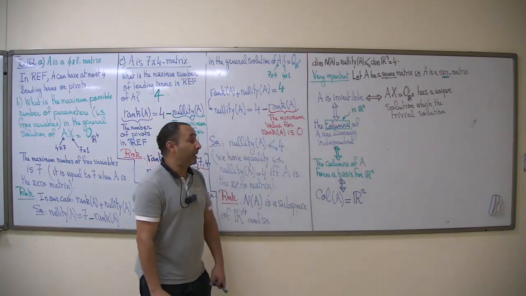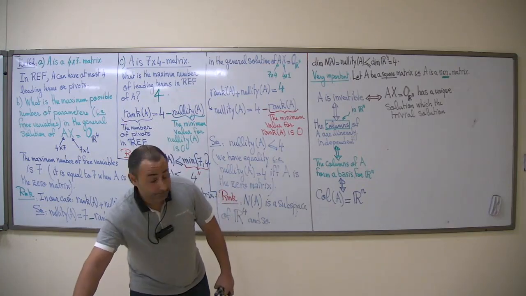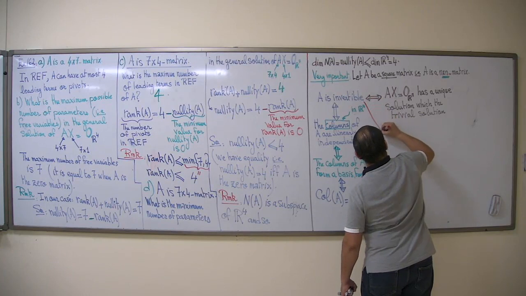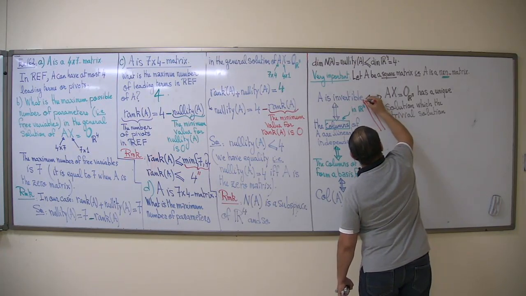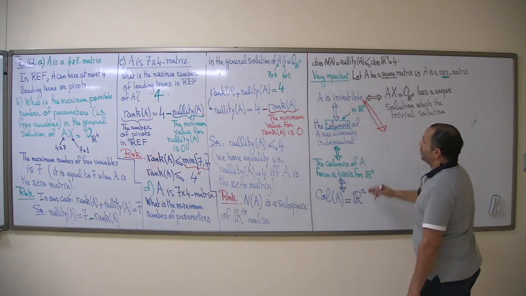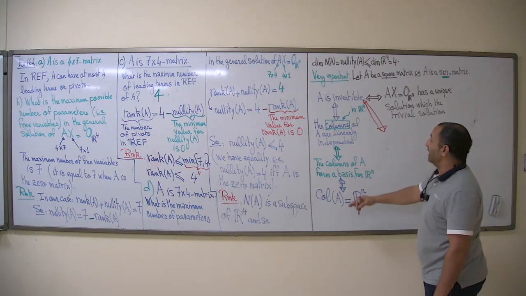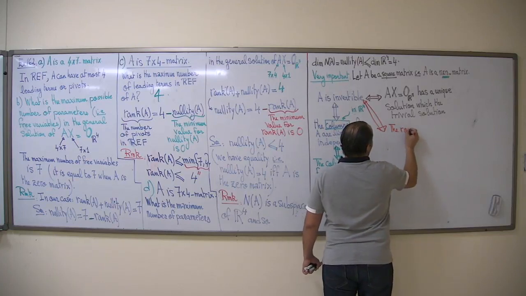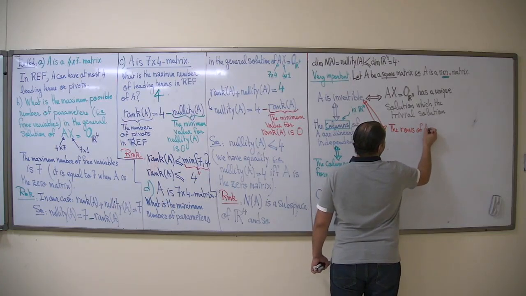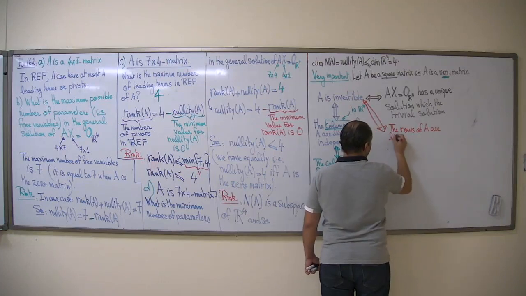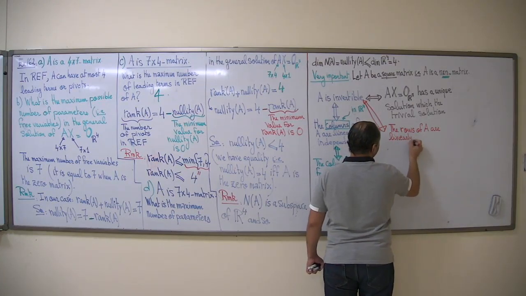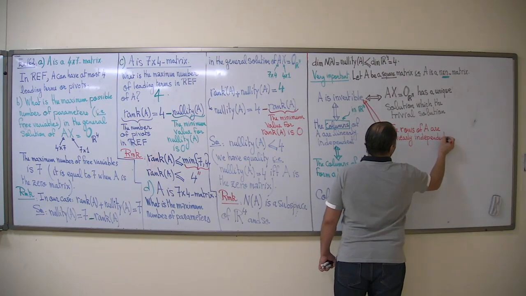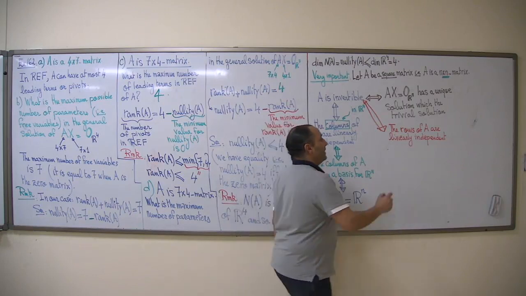The same here, because A is invertible, this is also equivalent to saying the same statement is true for the row space. If I do it for the column space or for the row space, it's the same. The rows of A are linearly independent. But each row is in Rn.